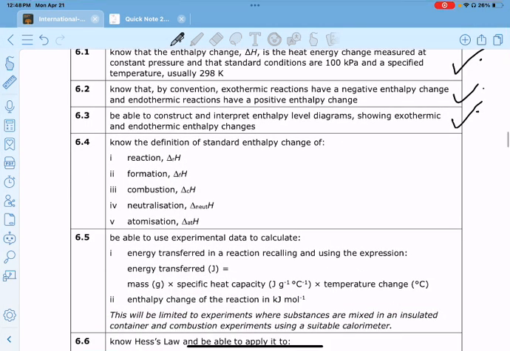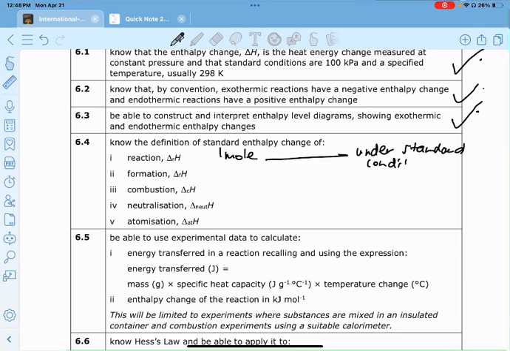Next up, know how to define standard enthalpy change of all of those, okay? So, how do we define all of this? It's very simple, actually. All we need to know is, what is standard enthalpy change? It's 1 mole of something being done under standard conditions. Okay?